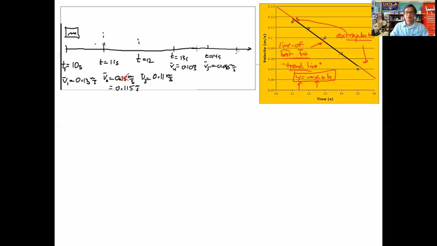T equal to 15 seconds. I'll draw the velocity underneath here real quickly. I'm running a little bit out of room, sorry, folks. The velocity here is going to be about 0.07 meters per second.